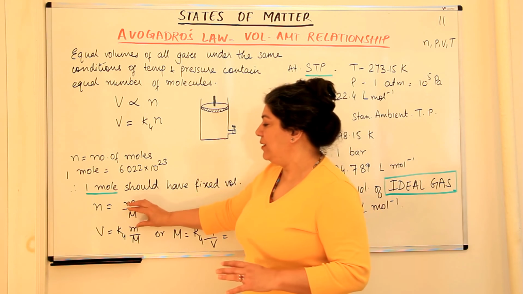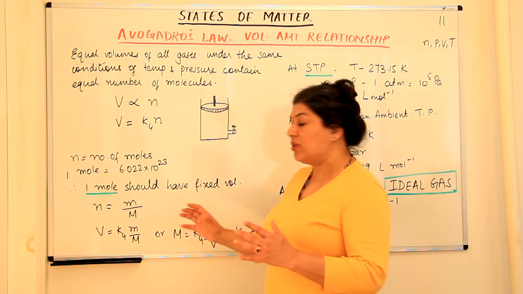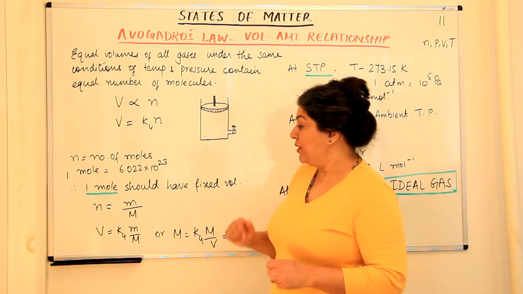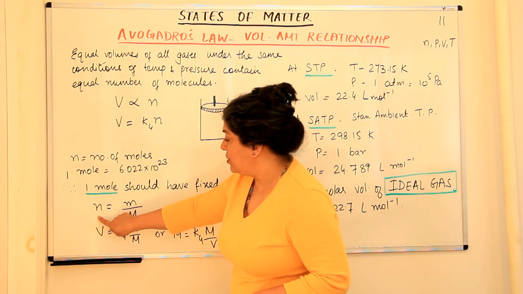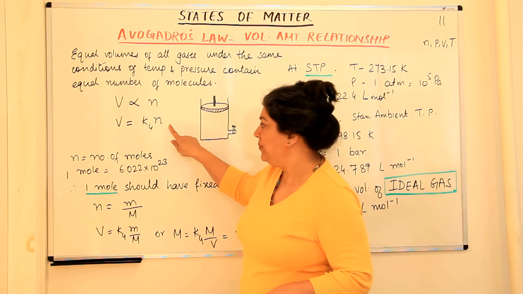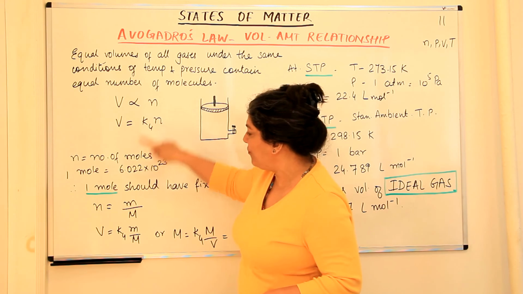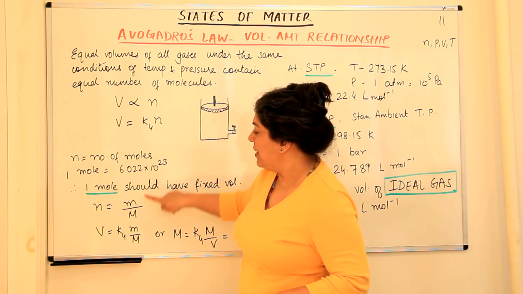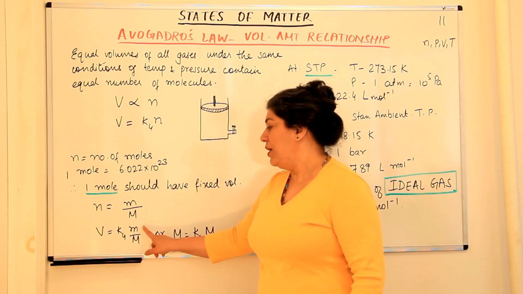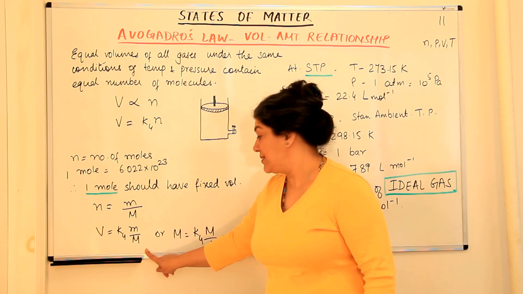Now, why are we thinking of this? Because sometimes you can even relate density to this. We know that volume V is equal to K times n. If we substitute the value of n, mass over molar mass, then V becomes equal to K times mass over molar mass.